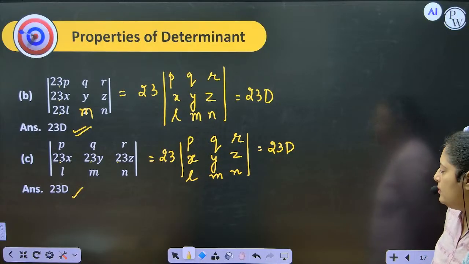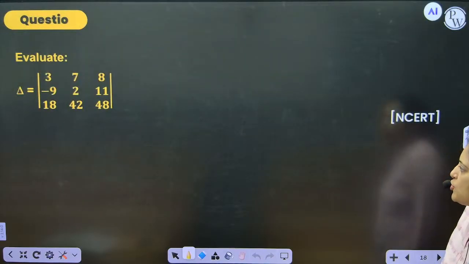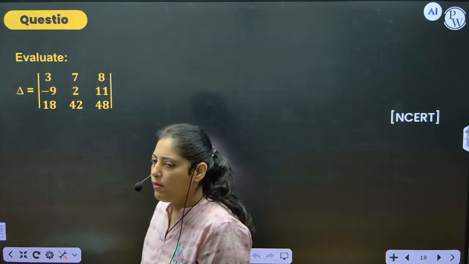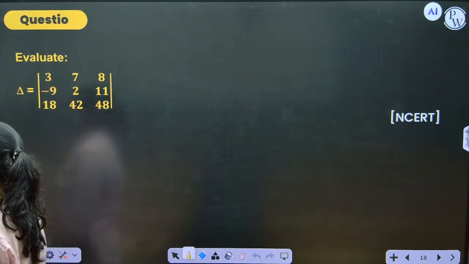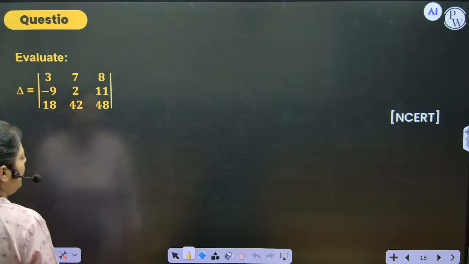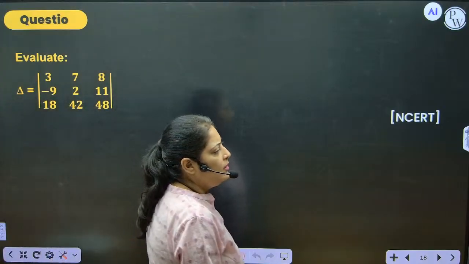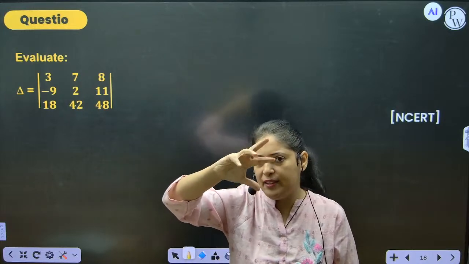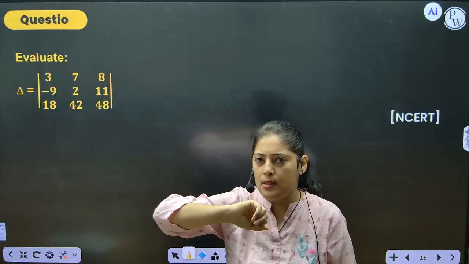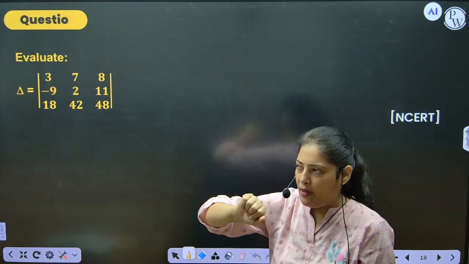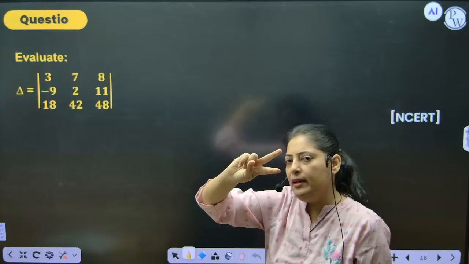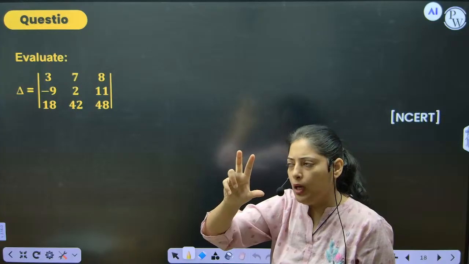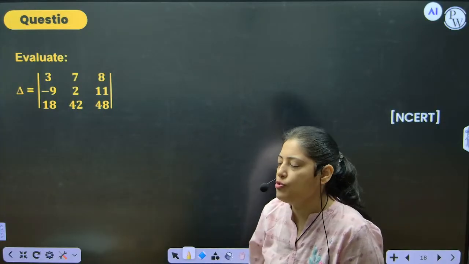I hope you have done. Next, we are moving to the next question. Can anyone think what we have to do here is, till now, what properties we have done? Either we can interchange the two rows. Okay, one property I've done. Second property, what we did, we can interchange the row or column. That means transpose.